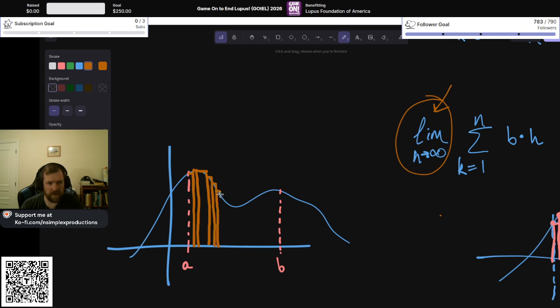They're going to be smaller on any of these really steep parts, and they're going to be a bit wider on the flatter parts. That way we tend to minimize the error, at least somewhat.